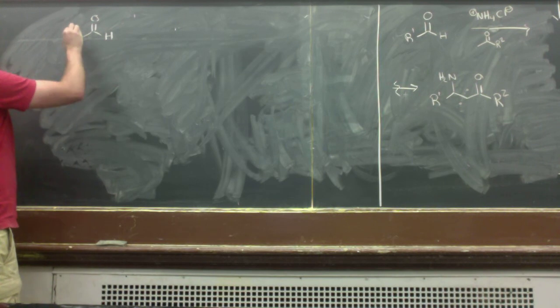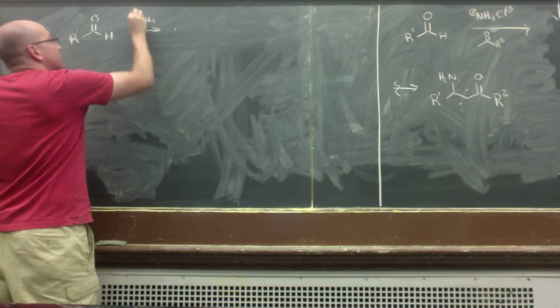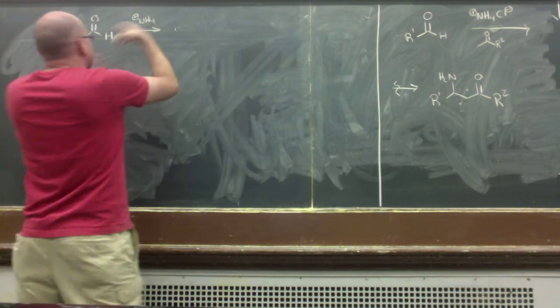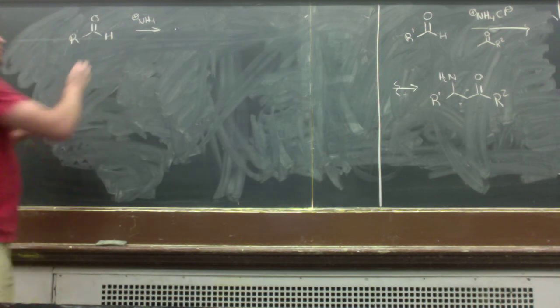Again, the idea here is that aldehydes are more reactive, so aldehydes will condense faster than ketones, as we've seen in the past. And the first step in this process is the ammonia is going to condense. So you can think about it as proton transfer followed by condensation.